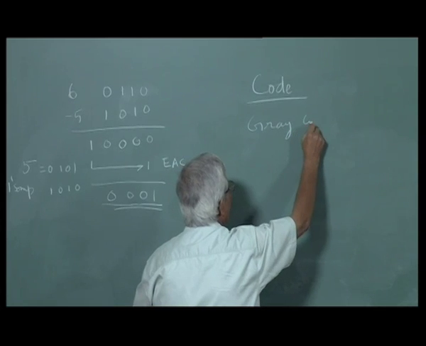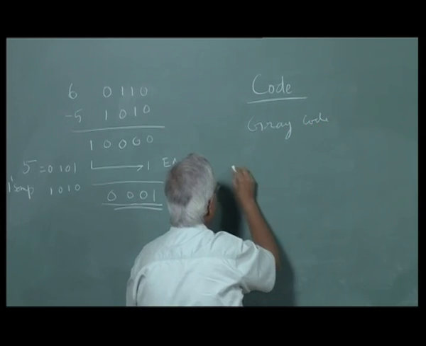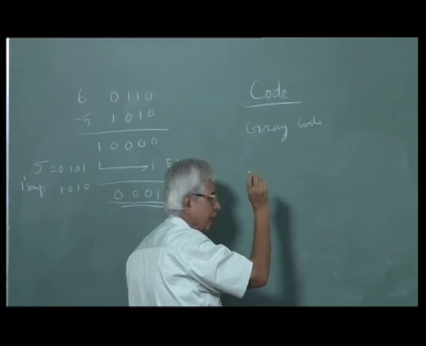What is a gray code? Binary code for 0 to 9 I will write.